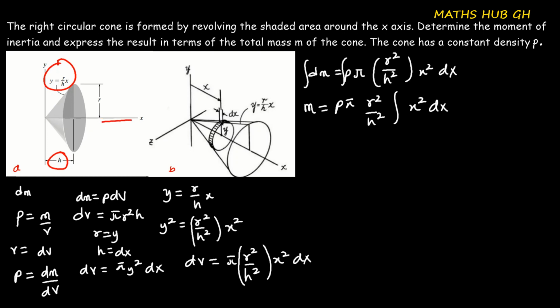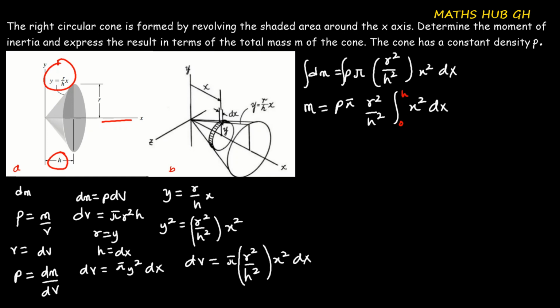So for this reason, we are going to integrate this expression from 0 to h so that you can get the mass for the entire circular cone. So this is actually representing the height of the cone.